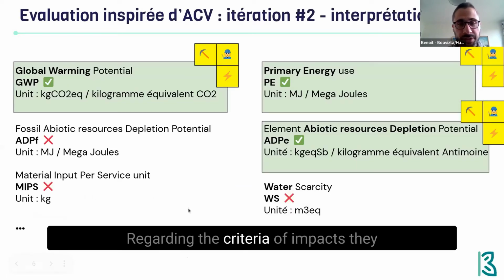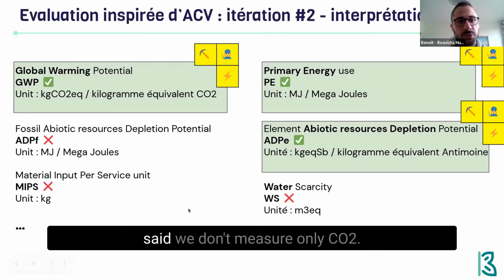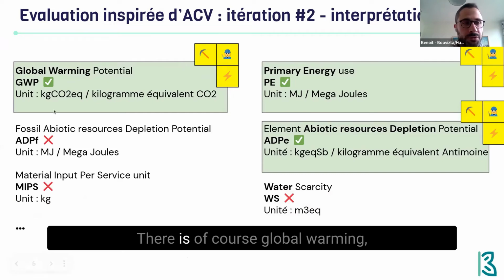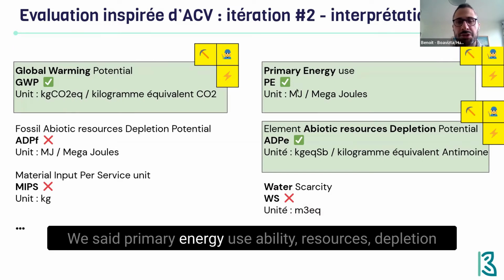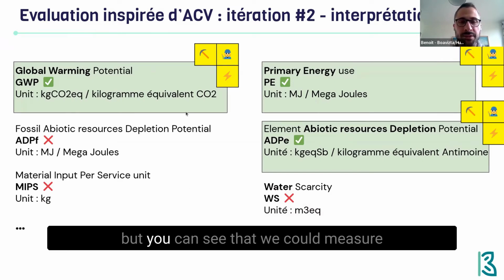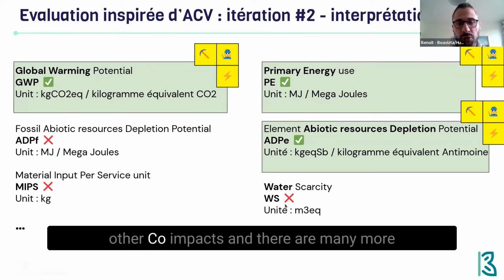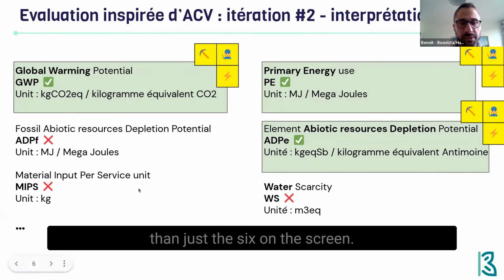Regarding the criteria of impacts, as I said, we don't measure only CO2. There is, of course, global warming potential, CO2 emissions, CO2 equivalent. We said primary energy use, abiotic resources depletion, but you can see that we could measure other criteria of impact, and there are many more than just the 6 on the screen.